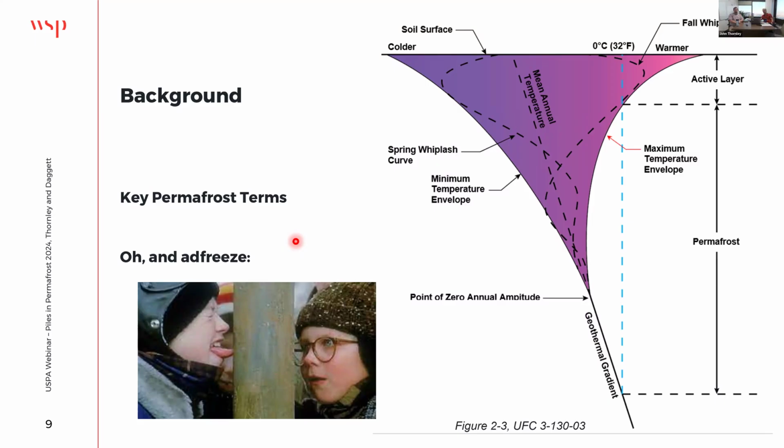And so we'll be talking about adfreeze quite a bit with the bond between the soil and the pile, and this is a nice kind of visual of what's going on there. And I think we can all picture that, even if we haven't personally experienced doing that.